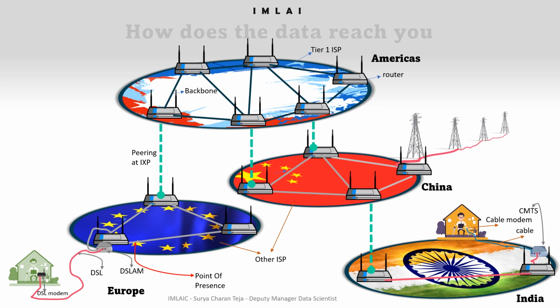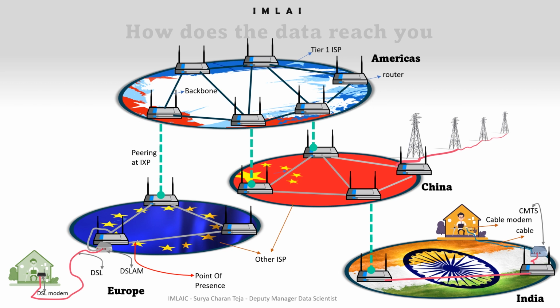At the other end, a device called a DSLAM, Digital Subscriber Line Access Multiplexer, converts between signals and packets. So this is one type of connection, and basically the simplest way.